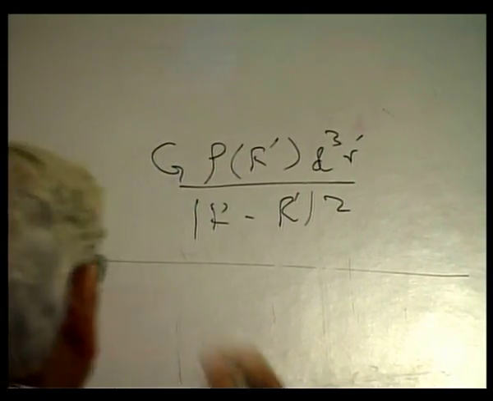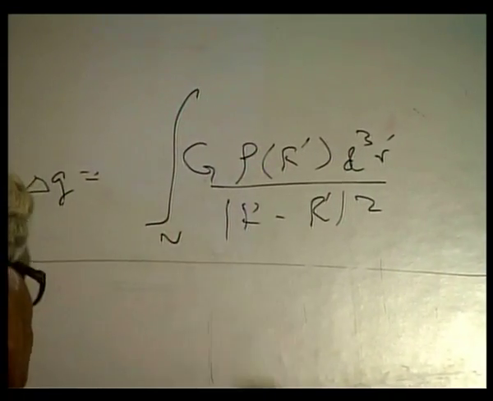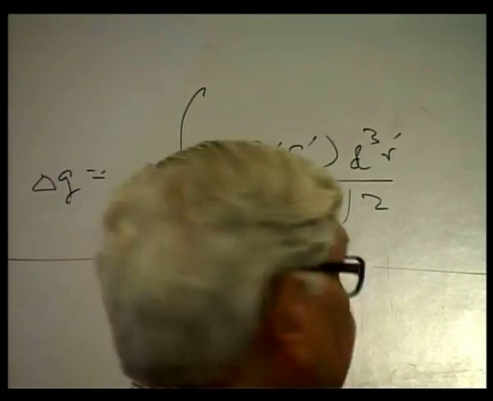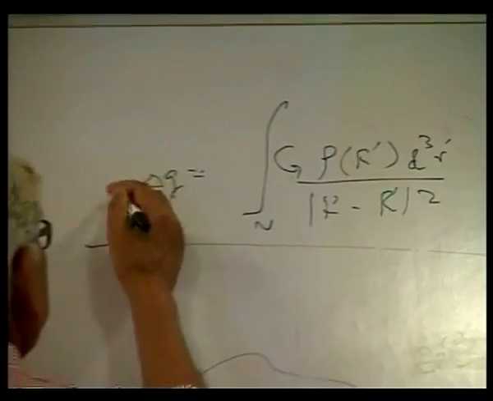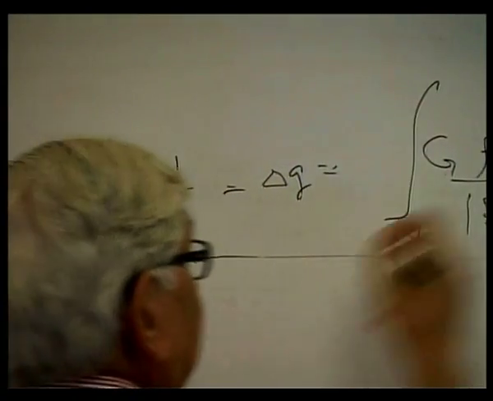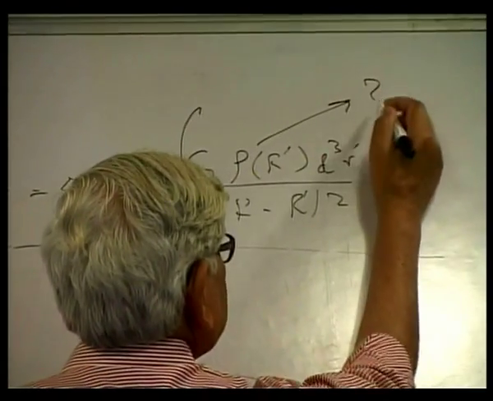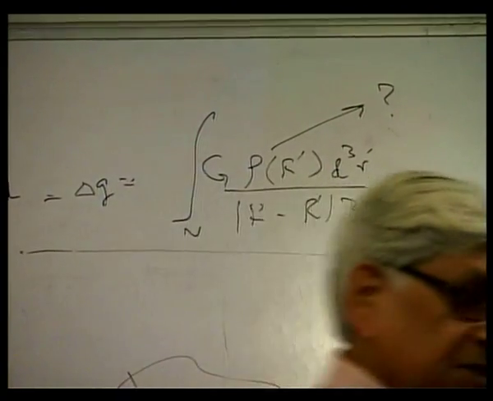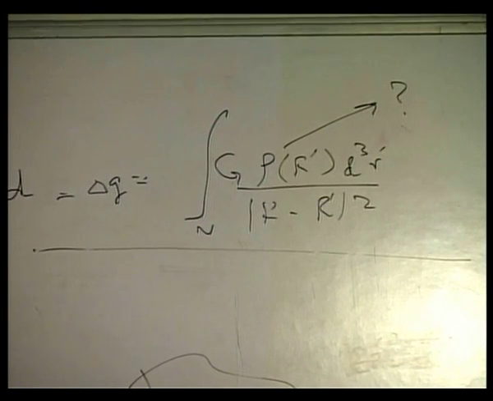And if you want the whole thing, then of course it's over this entire volume. Now, this is something which we measure. This is our data. This is something which we desire, and that is our model, rho of r dash.